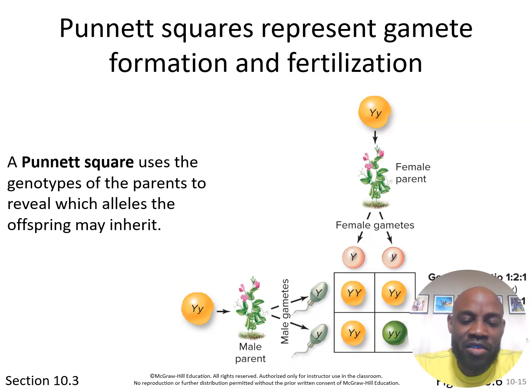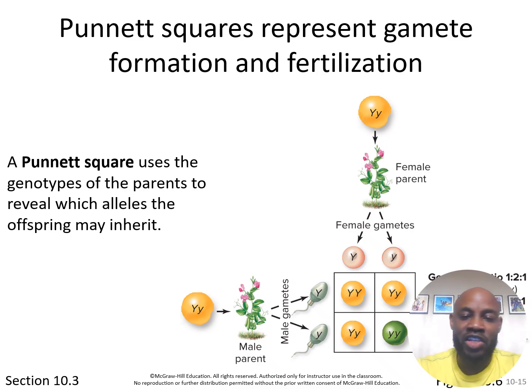And so here we have what is called a Punnett square. It uses the genotypes of the parents to reveal which alleles the offspring may inherit. In this first case, mom is yellow and heterozygous. Heterozygous means not the same.